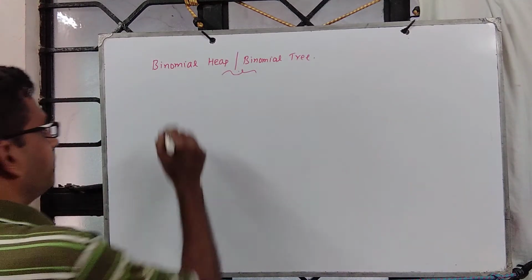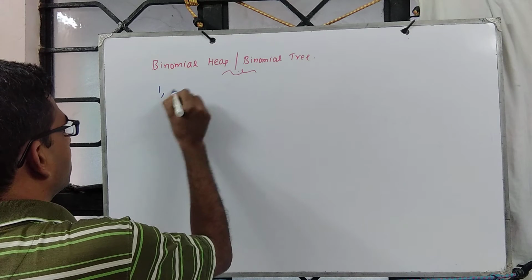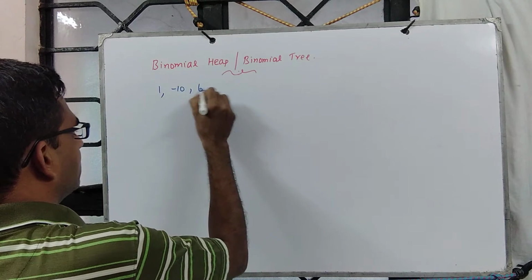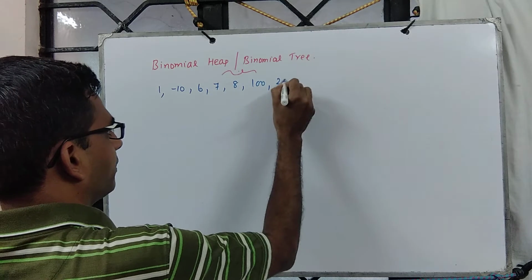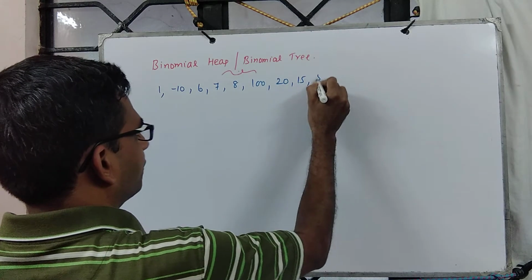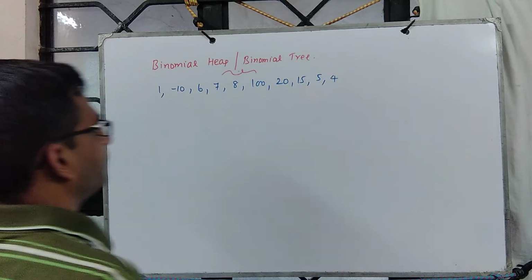Consider this input sequence, say 1, -10, 6, 7, 8, 100, 20, 15, 5, 4.